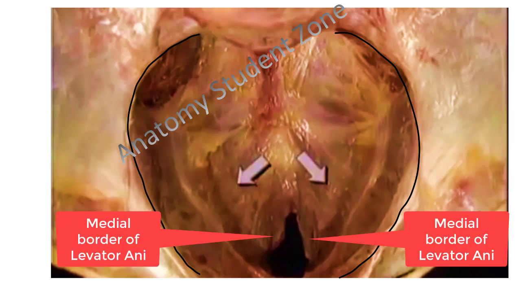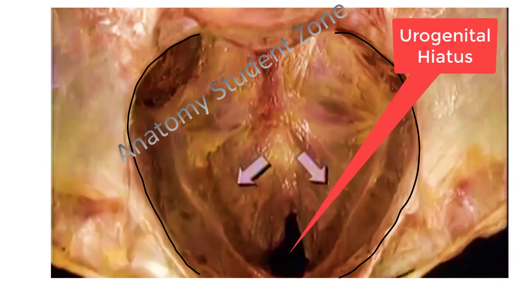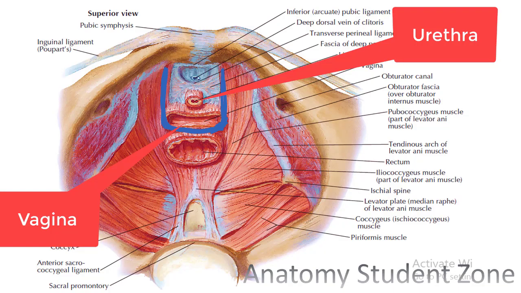In the center of these we have a gap, the urogenital hiatus. As the name indicates, it gives passage to the urinary and genital structures. The urinary structure is the urethra in both sexes, and the genital structure is the vagina in females.